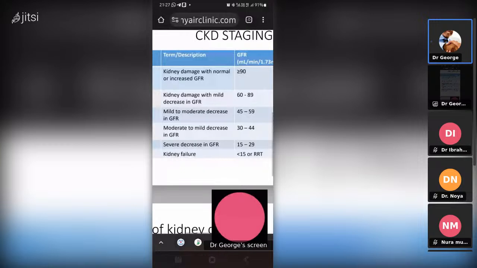Stage 3A, we have mild to moderate decrease, while stage 3B is moderate to severe decrease. So we have 45 to 59, then we have 30 to 44. Severe decrease in GFR is 15 to 29. That's the last place before you enter kidney failure. Kidney failure is anything below 15.